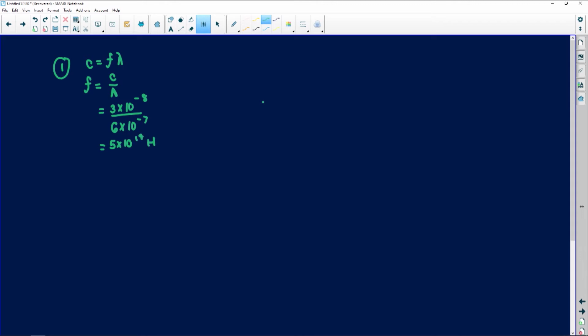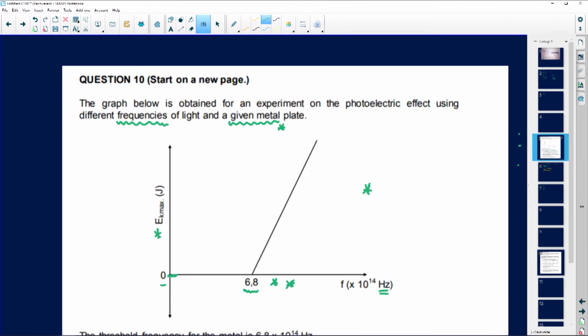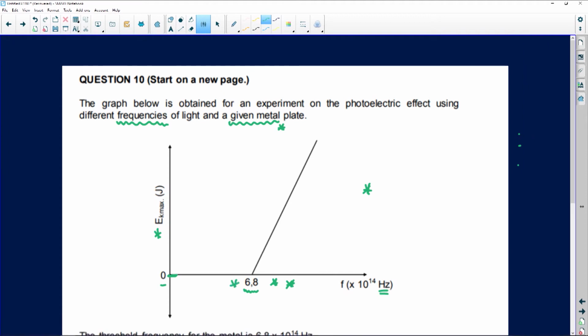Now let's conclude. Remember, when you conclude, you have to write a statement and then conclude. Now remember, this is the frequency that I've got. We need to do it in comparison with the threshold frequency that we're given here. You can already see that the frequency that the electron will have and the threshold frequency are not the same. The threshold frequency is greater than that frequency.